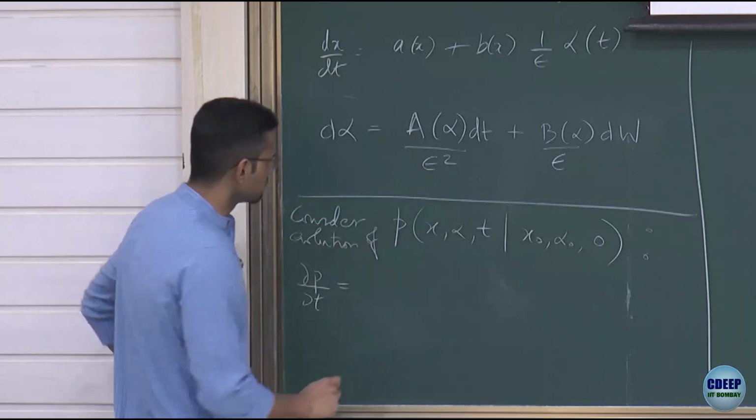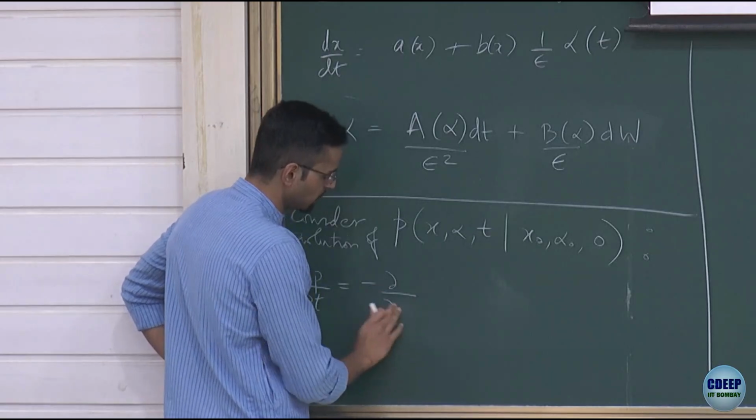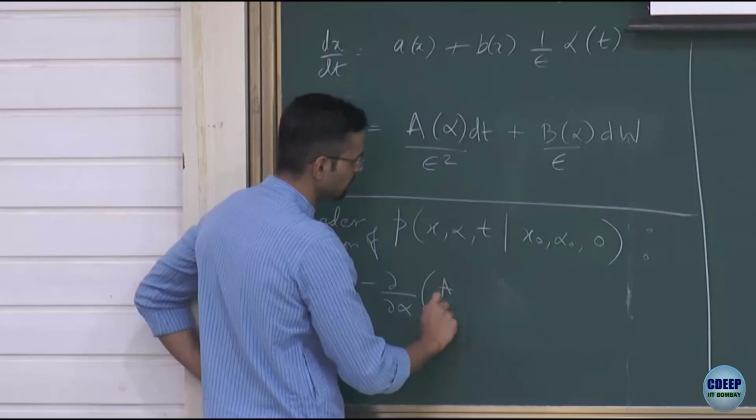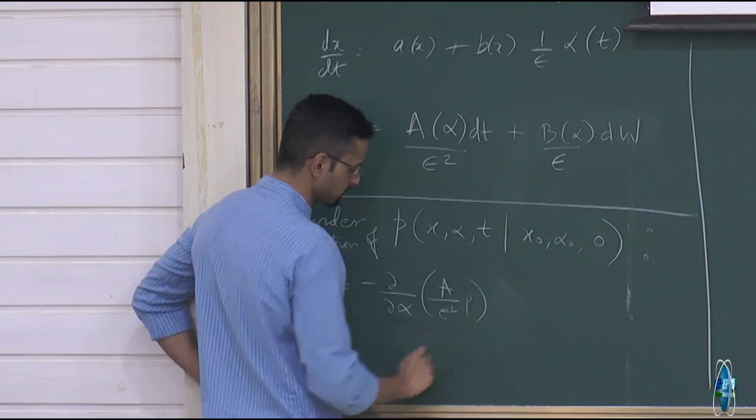So let's start with these terms. I'll have a minus d by d alpha of the drift coefficient, so I'll have a by epsilon square times p.